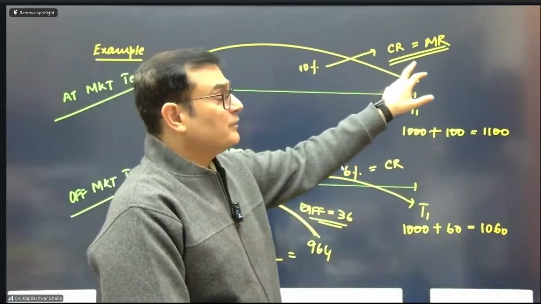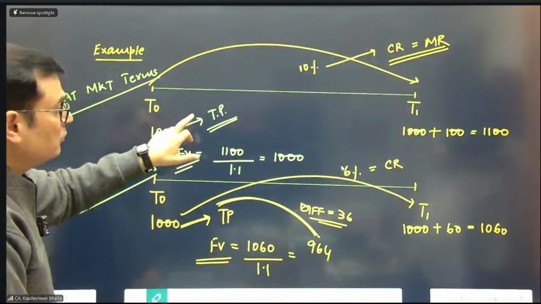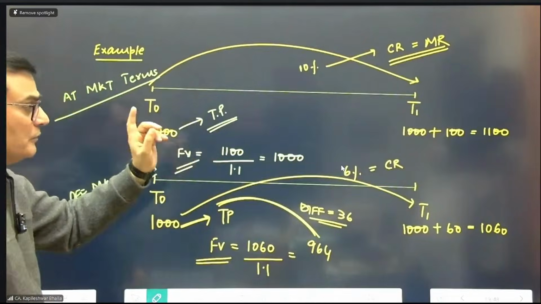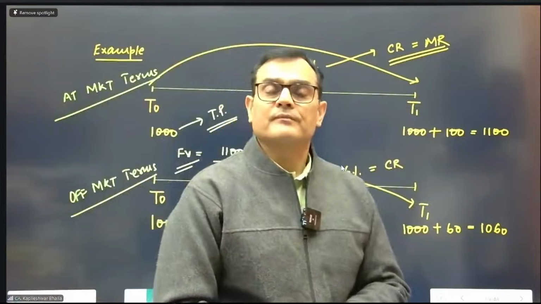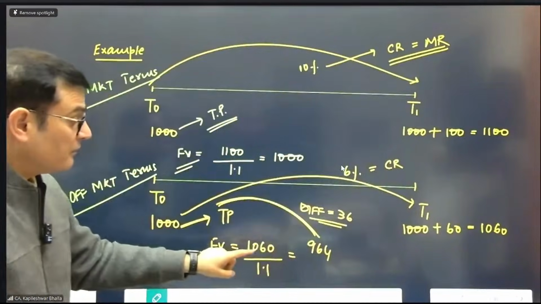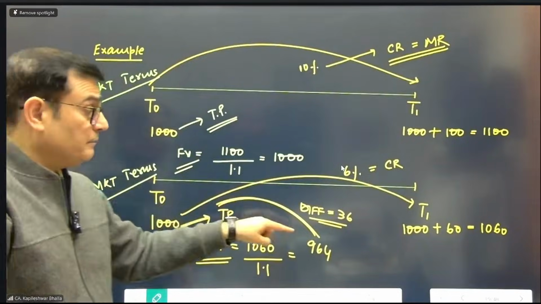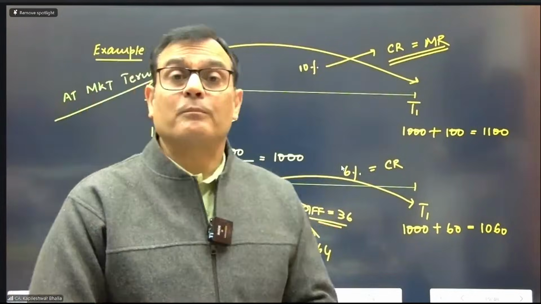If they are, it is called an at-market transaction, in which case the TP and the fair value will 100% be the same. But if the contracted rate is different from the market rate, it is called an off-market transaction. In this case, the TP and the fair value will not match.